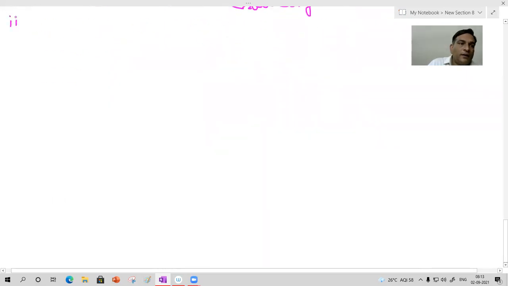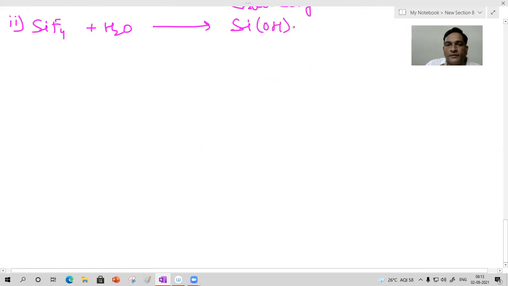Second, SiF4 plus H2O. Halogens are replaced by OH, giving silicic acid plus 4HF. Then again SiF4 reacts with HF, 2 mole of 2 mole.